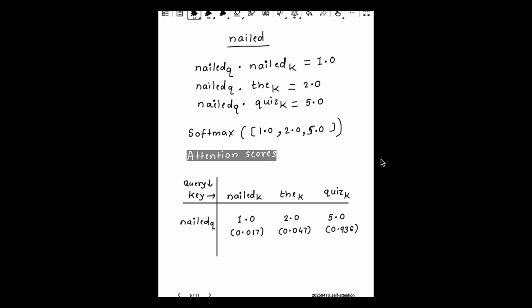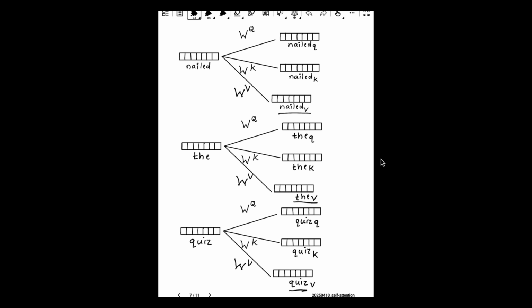What do these probabilities mean? These probabilities are attention weights which tell us how much nailed should focus on each word, including itself, when computing its final contextual representation. Now that we have the attention weights, we are ready to compute the contextual embedding for the token nailed. For this, we introduce a third type of vector, the value vector.